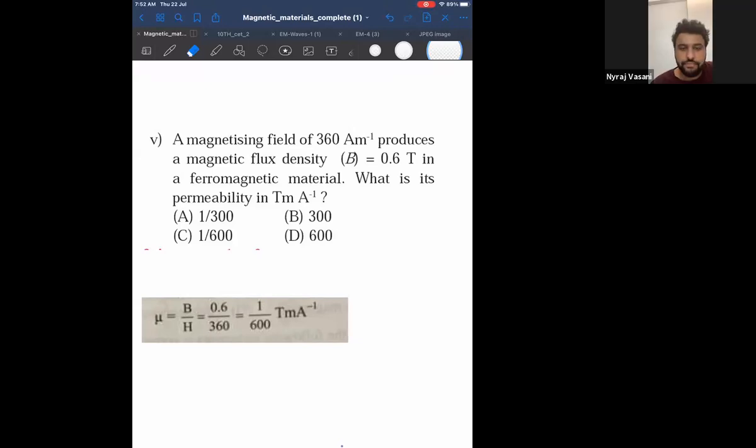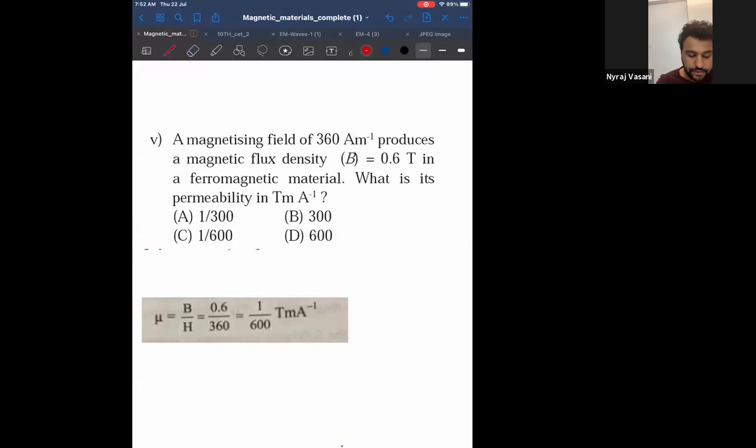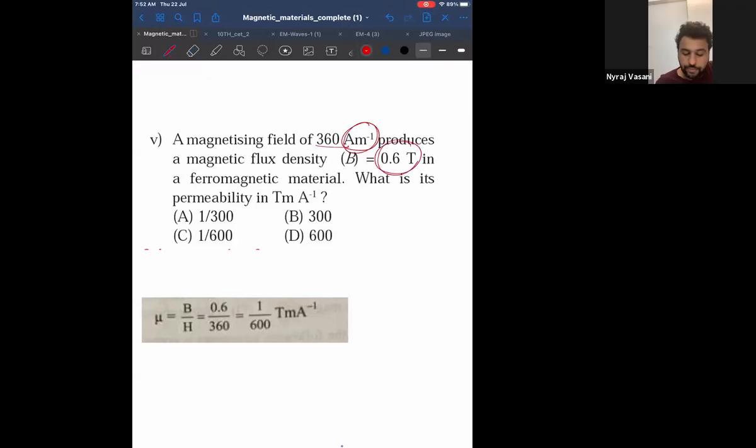Done? Easy? So the first one is magnetizing field of 360, that is H is equal to 360. How do I know H is given? Because of the unit. And B is given as 0.6 Tesla. So again, look at the words. Words are there to confuse you. They can play around with words.